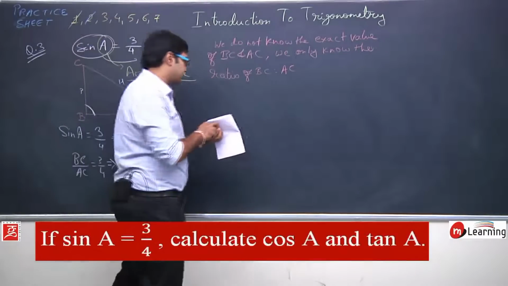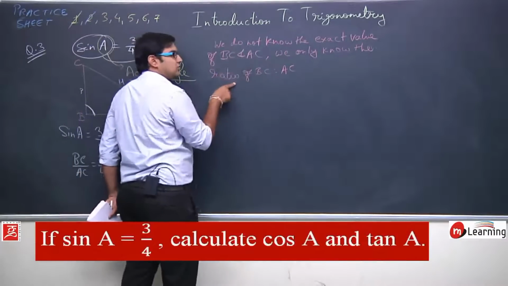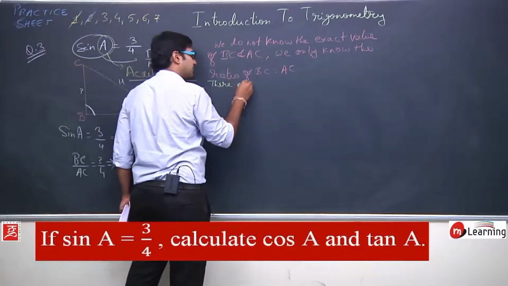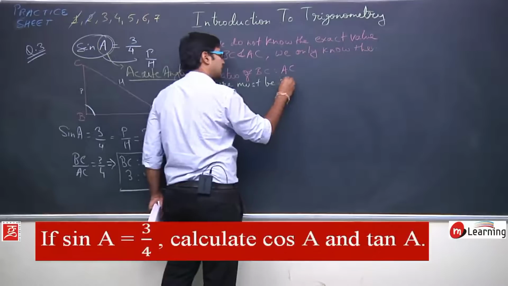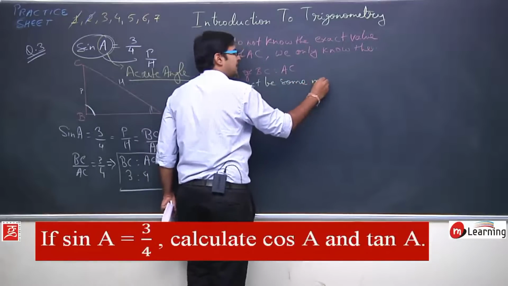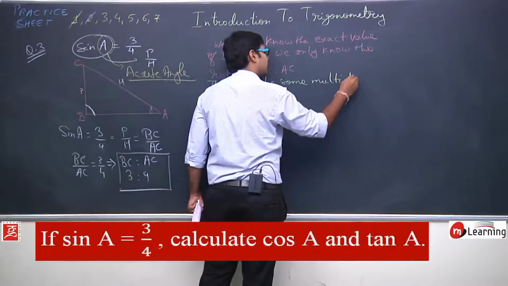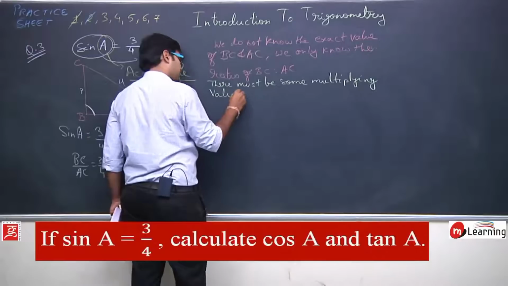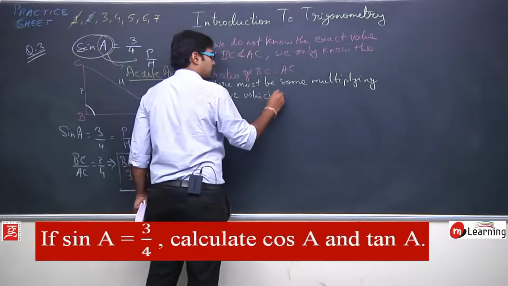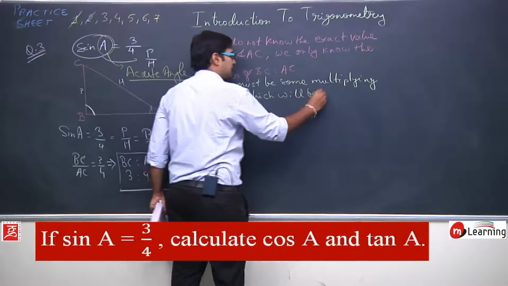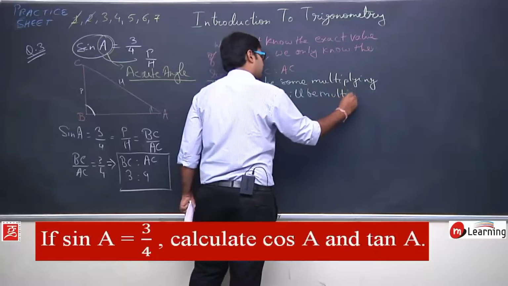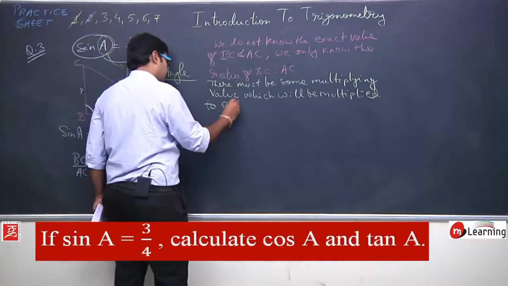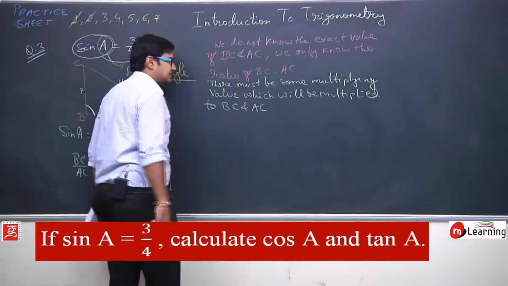So definitely, now since we know the ratio, what I can write is there must be some multiplying value which will be multiplied to BC and AC.